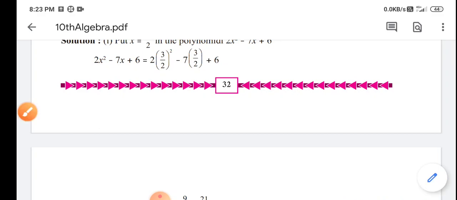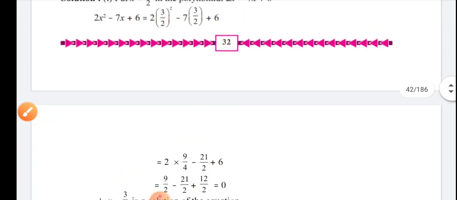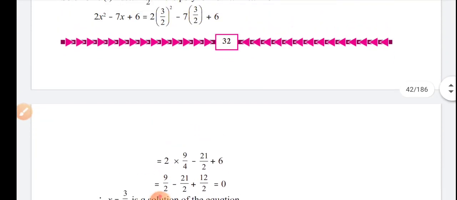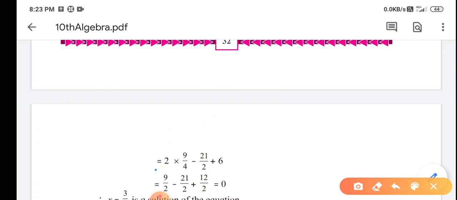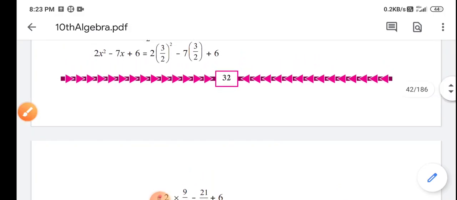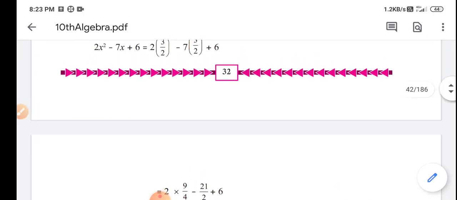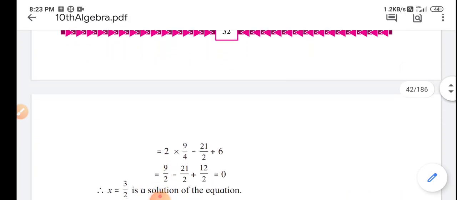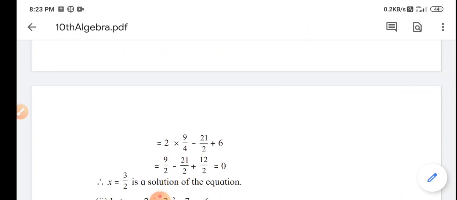Next, 2 into the square of 3 by 2, which is 9 by 4, minus 7 into 3 by 2, that is 21 by 2, plus 6.